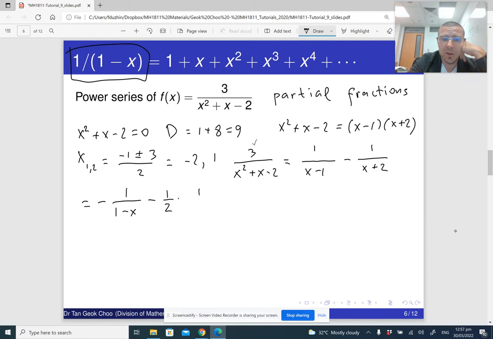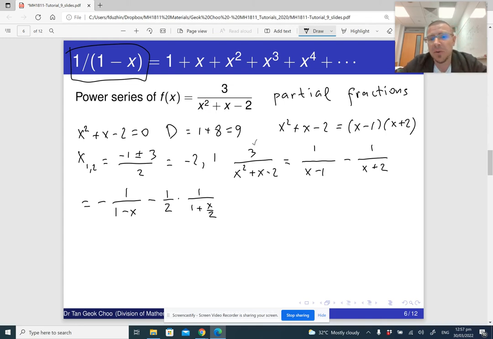So 1 over 2 divided by 1 plus x over 2. All right, now basically I have two independent expressions here. For the first one, I'm going to construct its own power series, and for the second one, I'm going to construct its own power series.